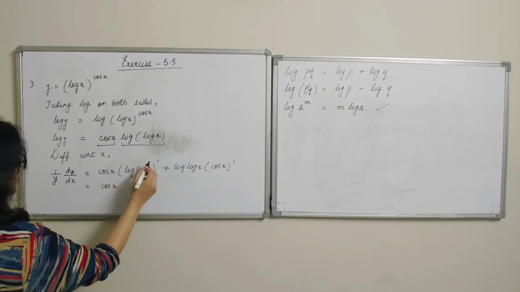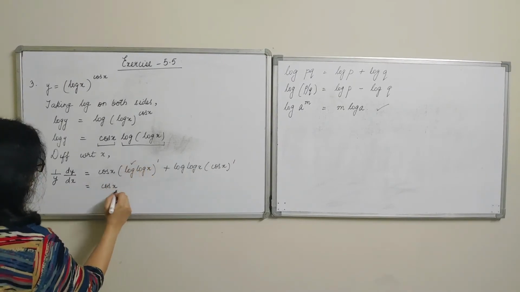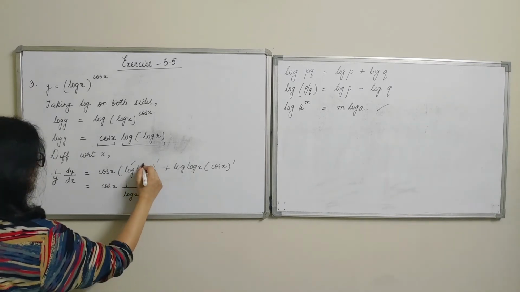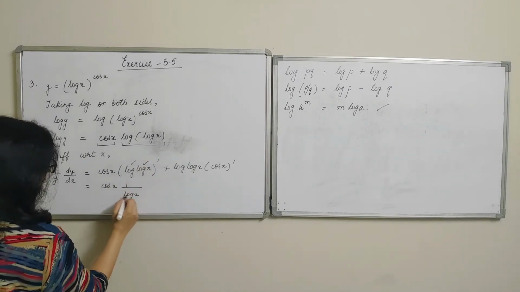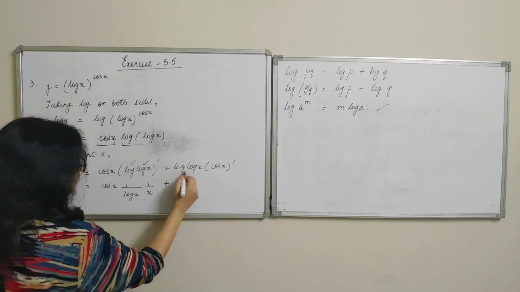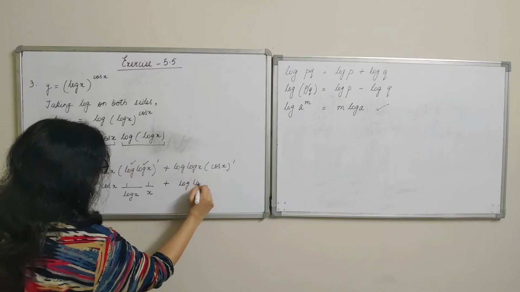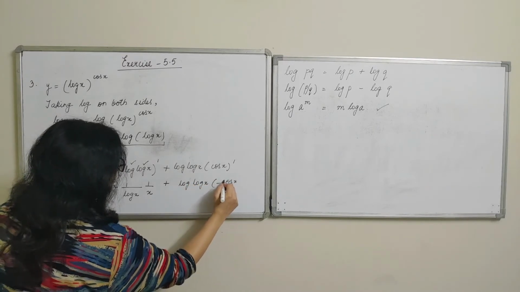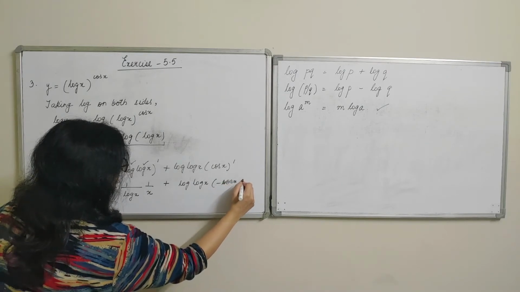Here this again is a composite function, so differentiating the log function first, we get 1 upon log x. Once again differentiating the log function, we get 1 upon x over here. Then log (log x) into minus sin x. This is minus sin x.